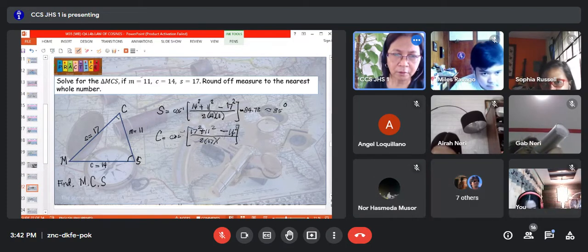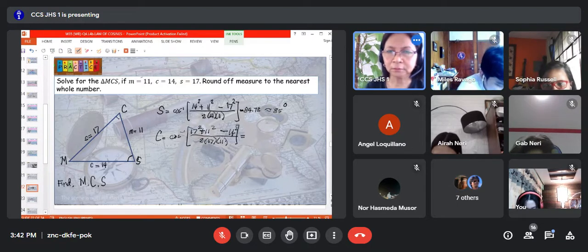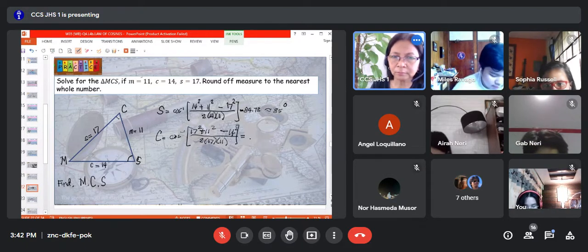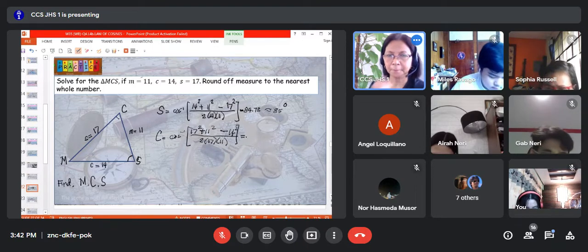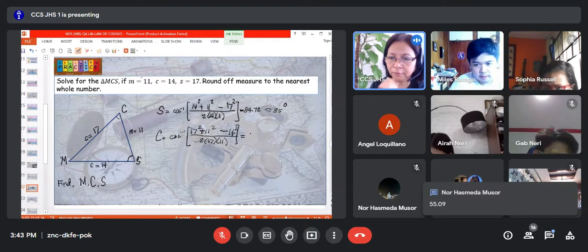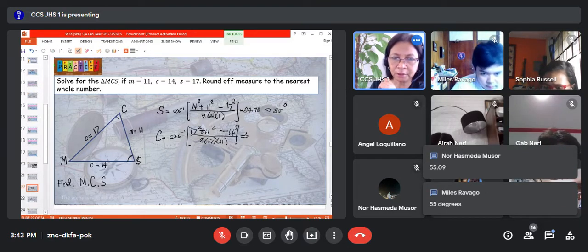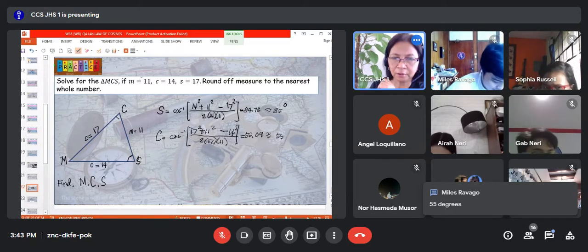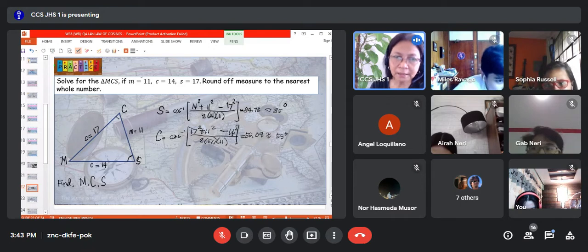Very good. That's correct. Then inverse cosine. Give me first the two decimal places. 55.09, or 55 degrees. And last angle, M.